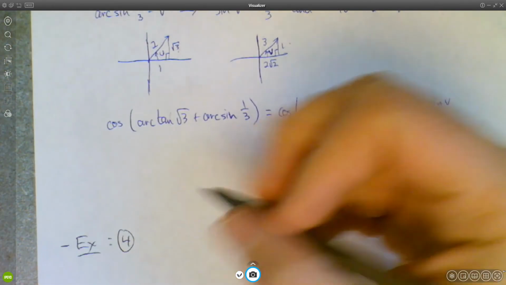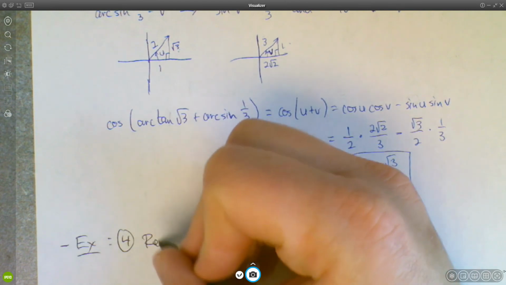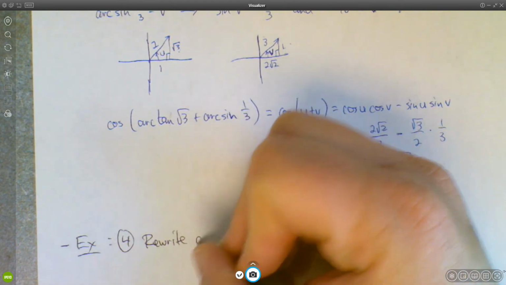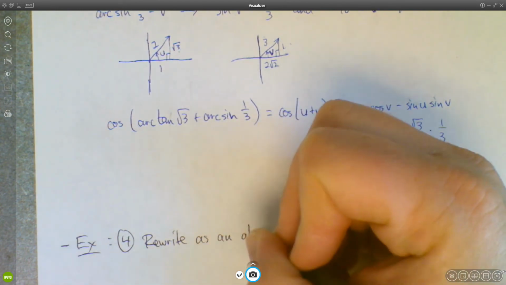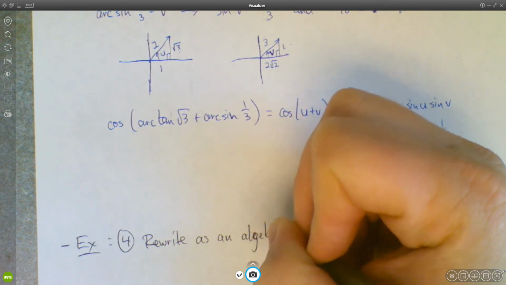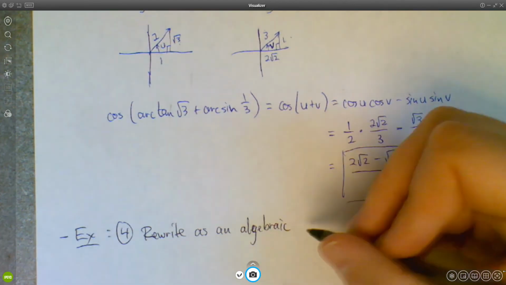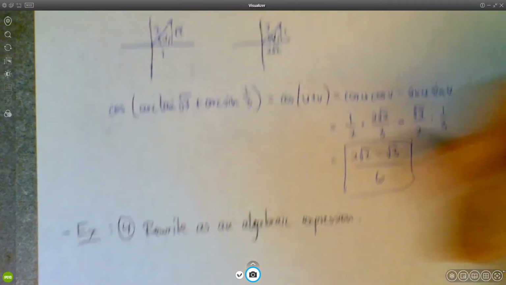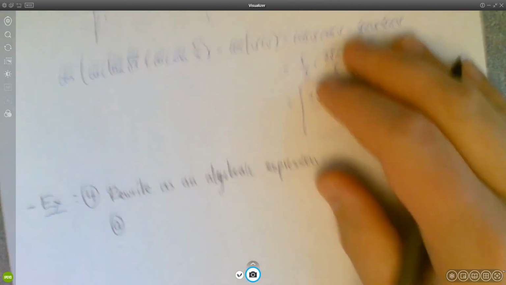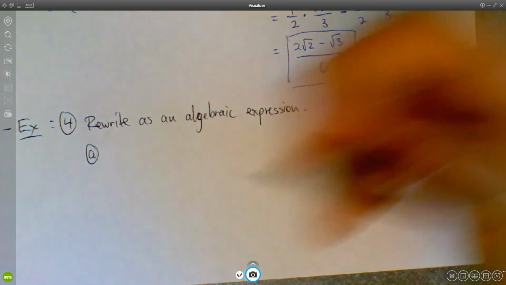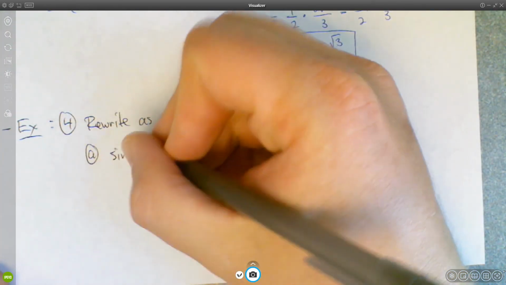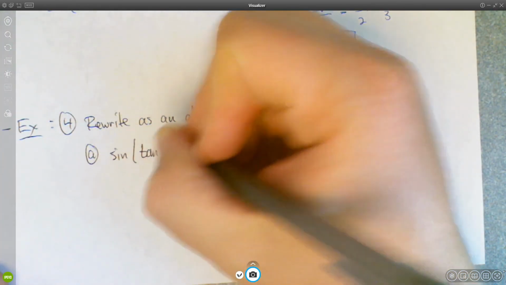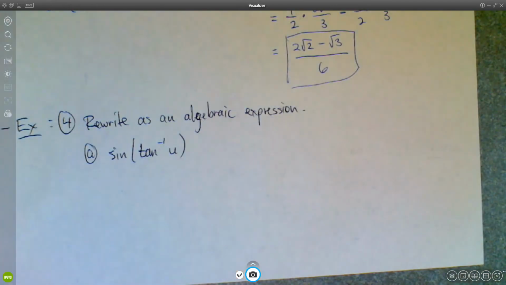But let's rewrite as an algebraic expression. So sine of tangent inverse of u.